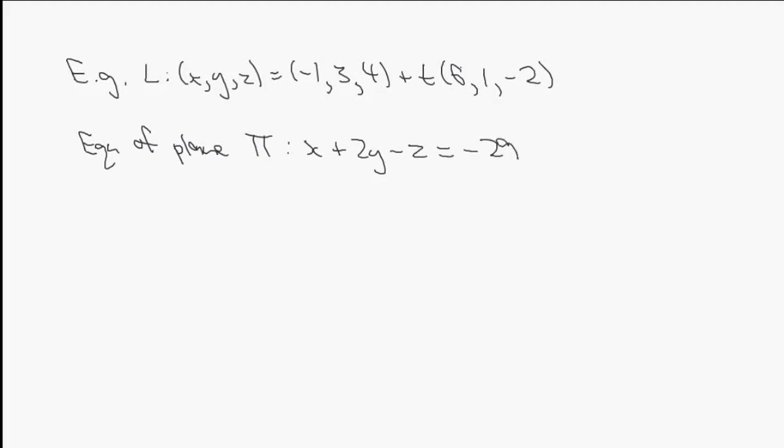So from the line, x equals -1 plus 6t, y equals 3 plus t, and z would be 4 minus 2t.